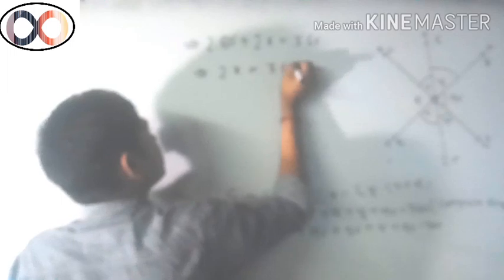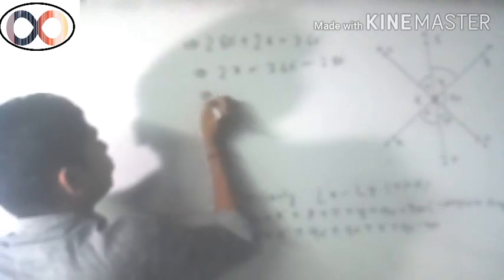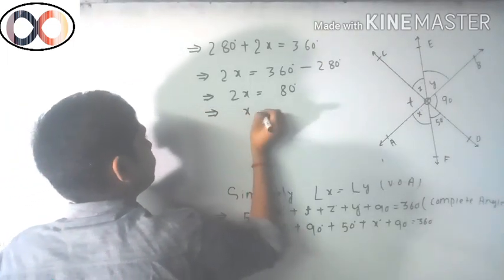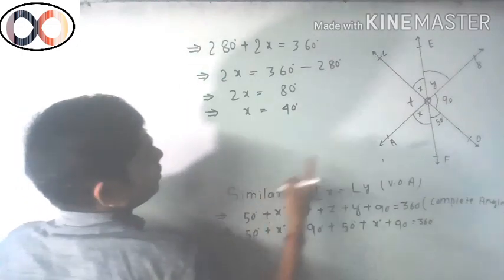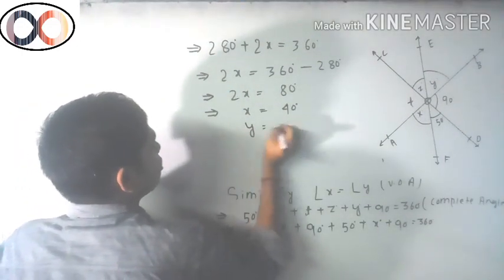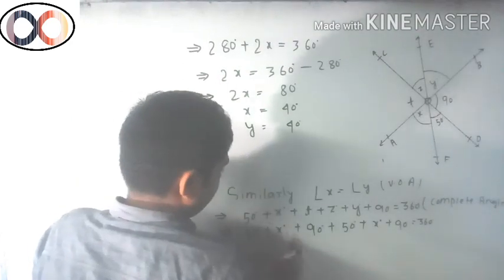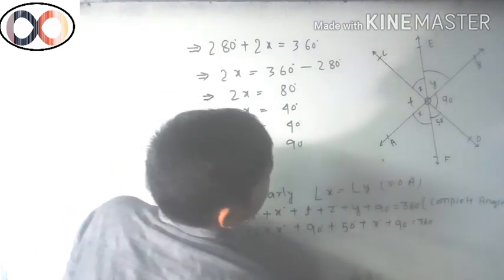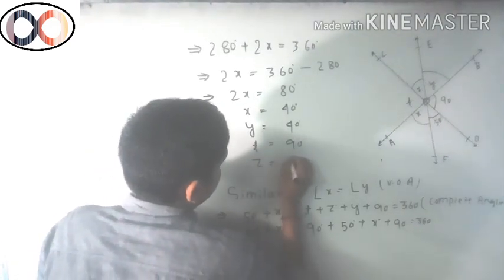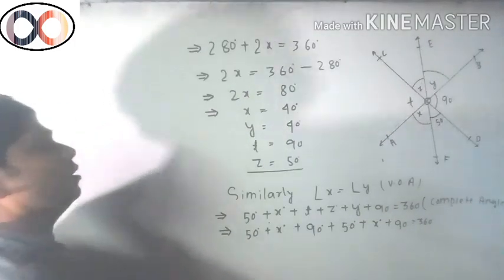So 2x equals 360 minus 280, which is 80, and so x equals 40 degrees. Since x equals y, y is also 40 degrees, t is 90 degrees, and z is 50 degrees. Okay students, that is the answer.